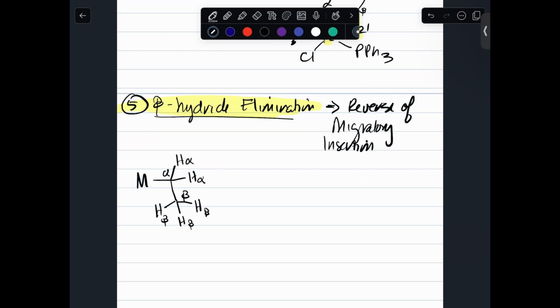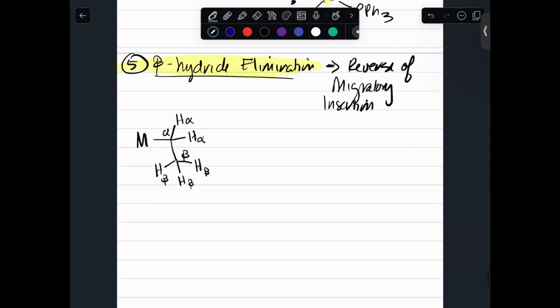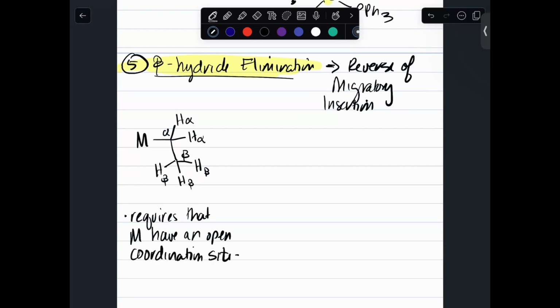Okay. Now, migratory insertion requires that my metal have an open coordination site.